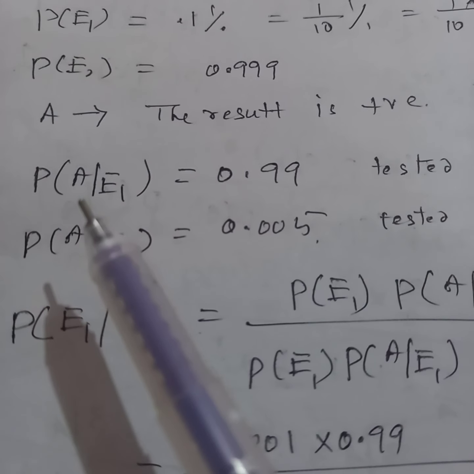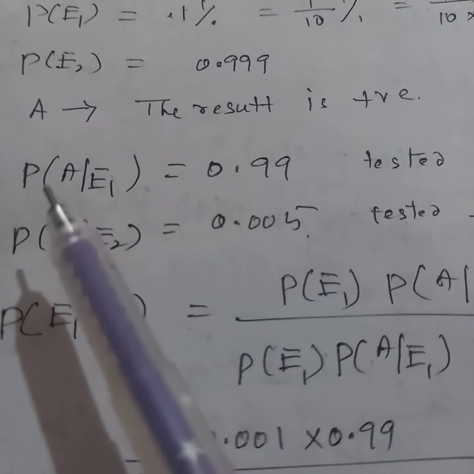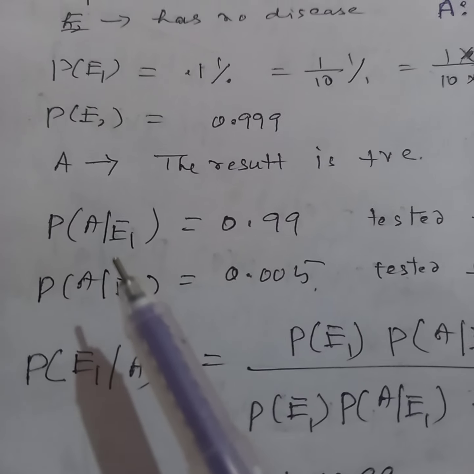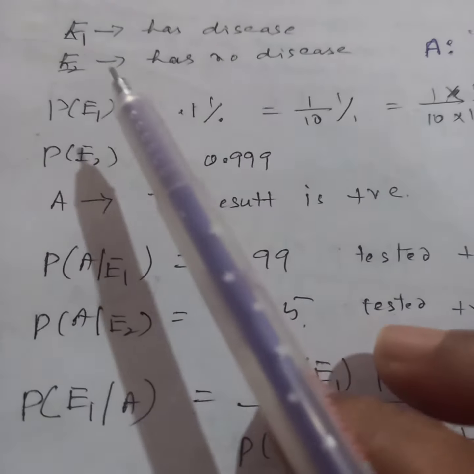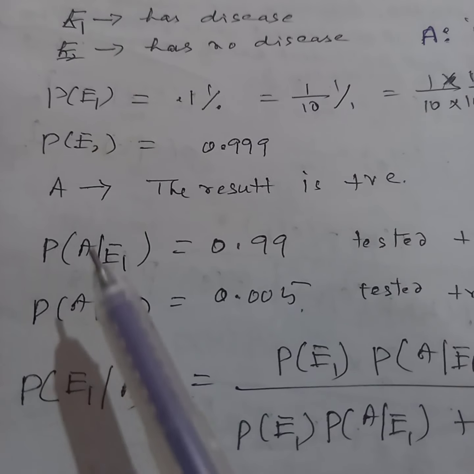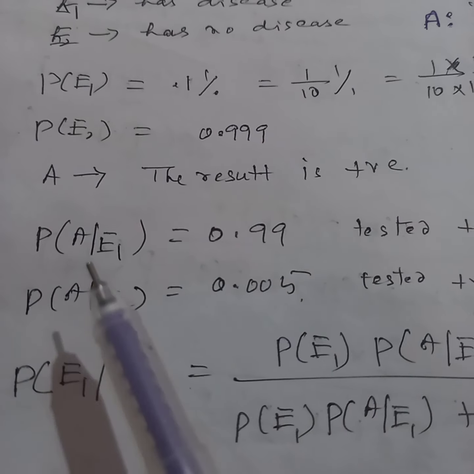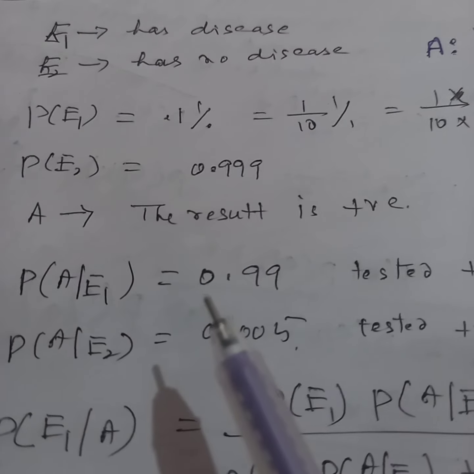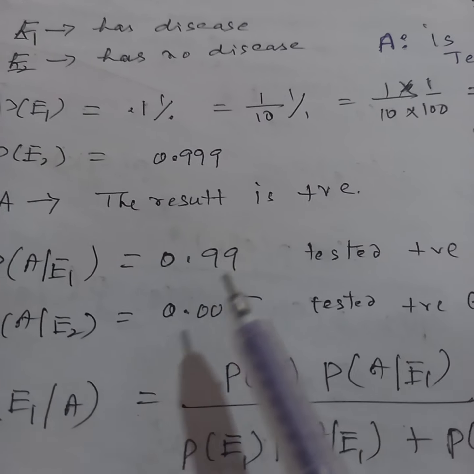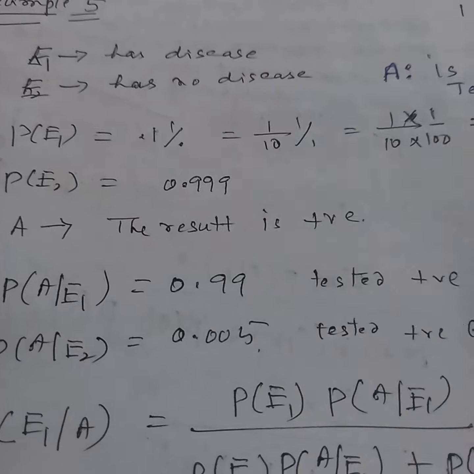Now look here. The probability that a person has been tested positive given that he has disease. Look here, what is E1? Disease. That's how we have to read. What is that probability? 0.99. That has also been given in the problem.